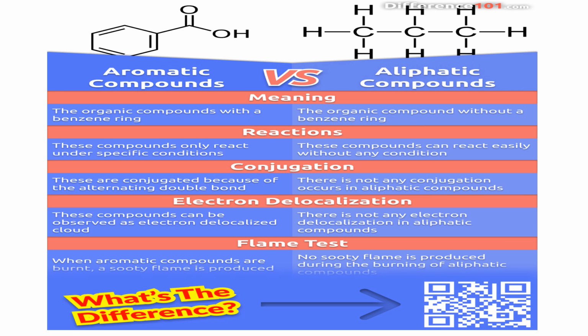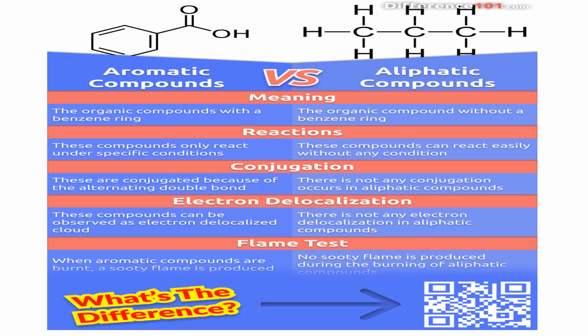So the first difference is the meaning: the benzene ring is used to define the two. The aromatic is with a benzene ring, the other is not. When you look at conjugation, which has been mentioned, the delocalization of electrons, you find that in aromatic it is present, and it is absent in aliphatic and also alicyclic compounds.